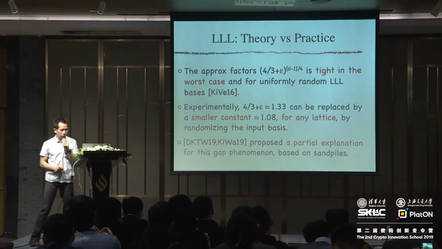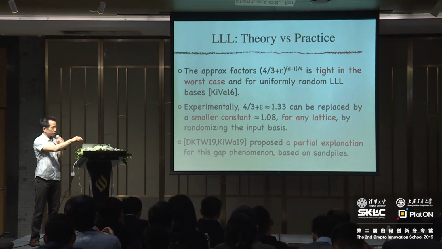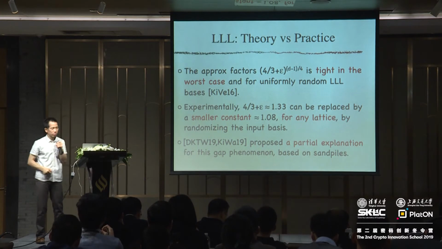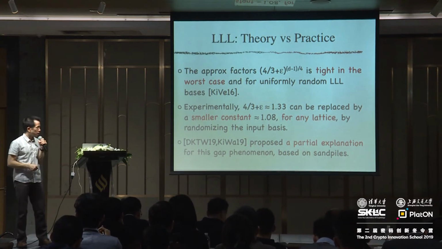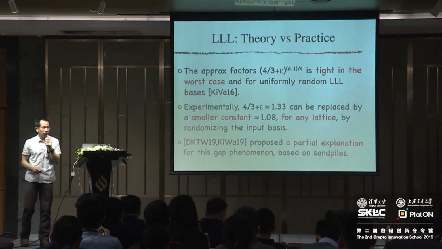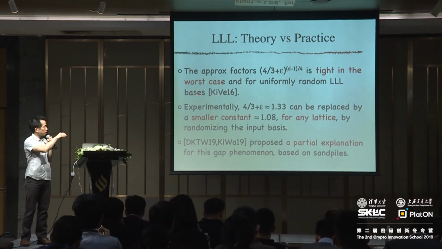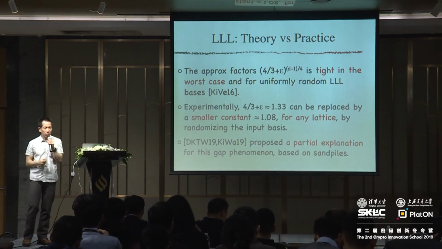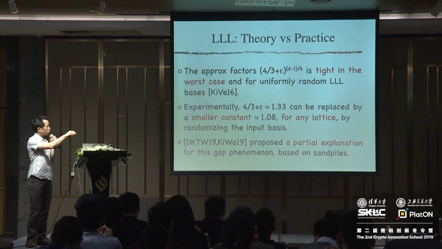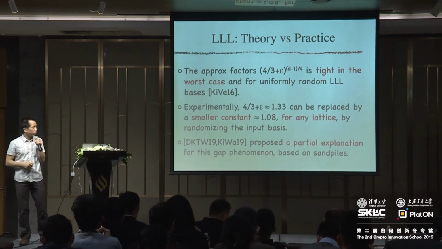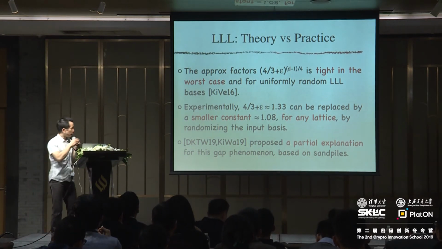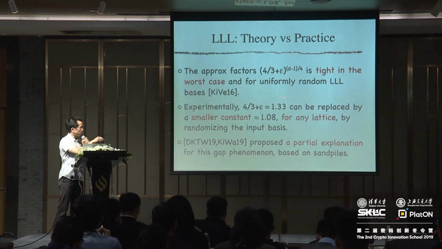And you don't get it for special lattices, you get it for any lattice, provided that you randomize the input basis. So there is some strange phenomenon between the experimental performance of the LLL algorithm and what the worst case analysis tells you. So what this means is that the LLL algorithm biases the distribution. Instead of giving you a random LLL basis, chosen uniformly at random, it gives you a nicer distribution.